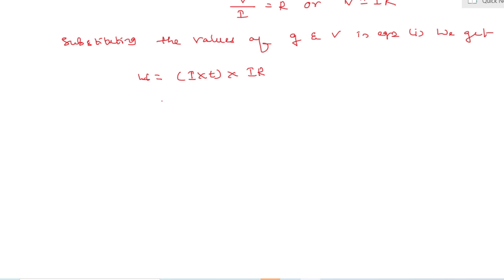T is equal to I square R T. Therefore, W, the work done, is equal to I square R T.